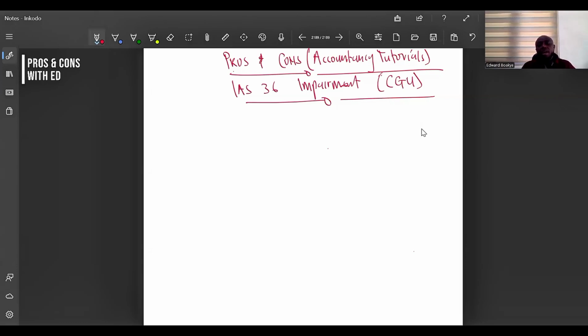So if the asset within that cash generating unit has been impaired, then we will need to attribute or recognize the total impairment on the assets within the cash generating unit. So the question we ask ourselves is, on which asset are we going to recognize this impairment first?